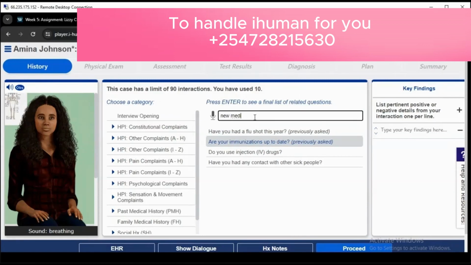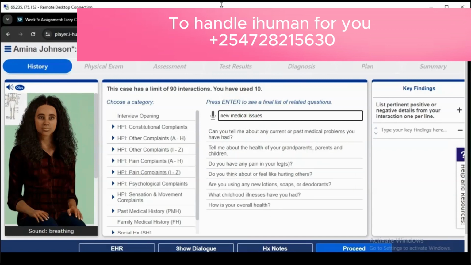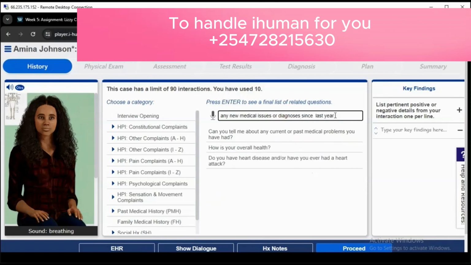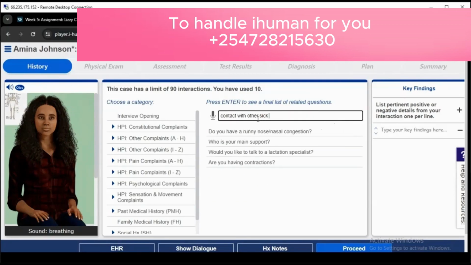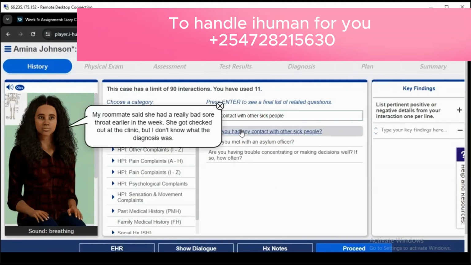Now you have to understand that some questions are general, meaning they can apply to more than one patient or more than one symptom, but some of them are specific. The specific questions help you understand the actual health status and maybe other symptoms that may be related to the patient's reason for encounter.